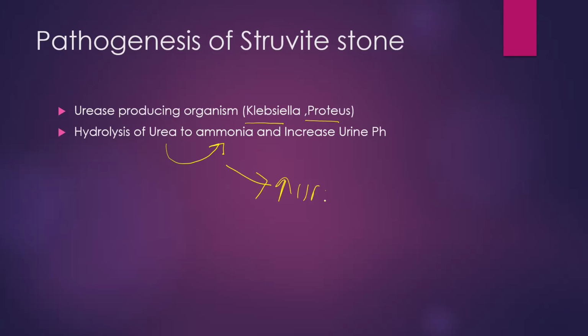So struvite increases urine pH, while the uric acid stone decreases urine pH. Magnesium ammonium phosphate, also known as struvite, is promoted by increased urine pH. That is very important: struvite stone, increased urine pH, and uric acid stone, decreased urine pH.